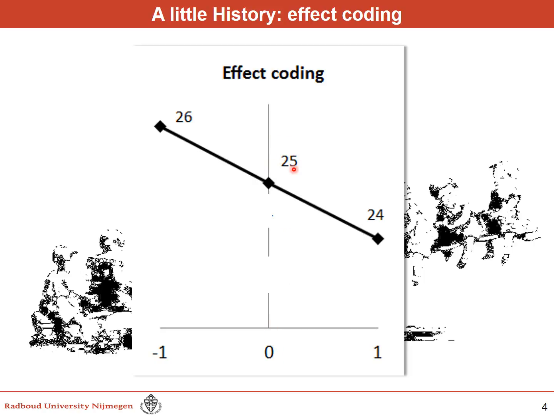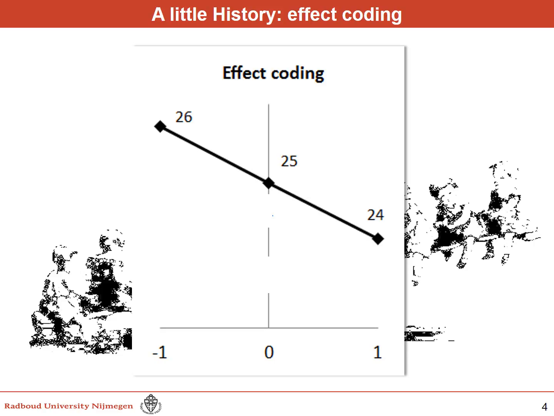We have a 0 for the point where we get 25. I come to that. And over here we have the code 1 for the highest. Now, if we go exactly in the middle of this graph, we have the code 0, and of course we find the number 25.